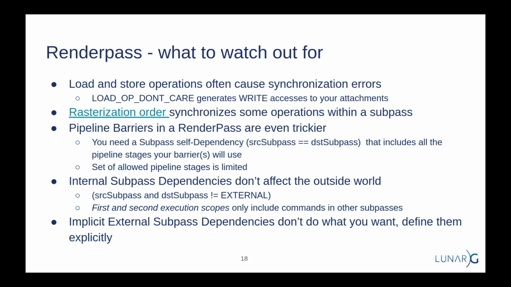You also have to be aware of the rasterization order in render passes, which specifies how operations on pixels kind of flow through the pipeline. John mentioned that earlier. That gets rid of the need of some barriers.